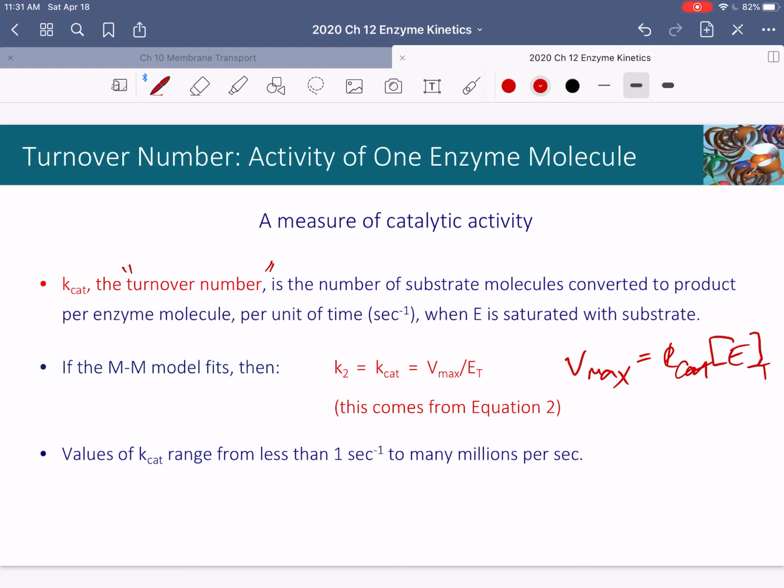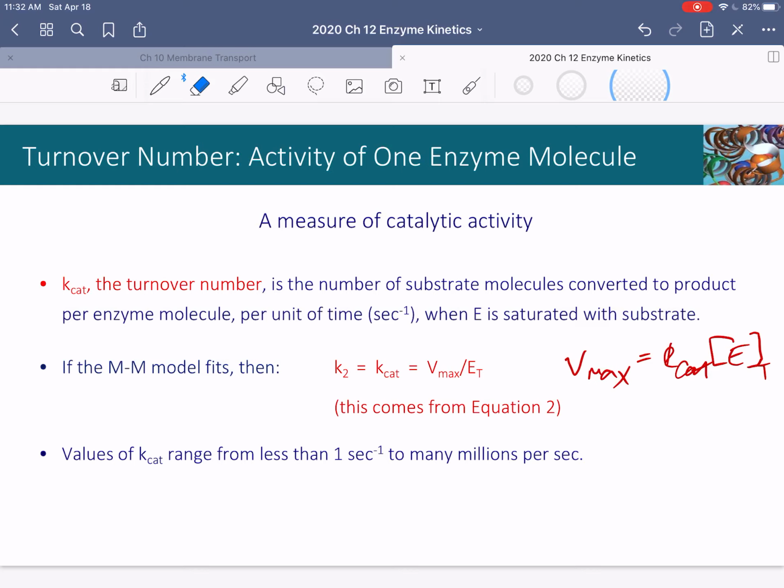It can be given in units of moles per sec, or it can be given in grams per sec, or whatever unit of amount per sec. So we usually just get rid of the unit of amount, and we just say per second.